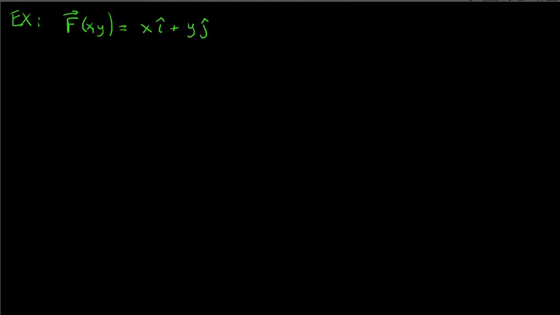Let's take an even easier example. Here's a vector field, x i plus y j, or just the vector x, y. In other words, m is just x and n is just y. This is a vector field in the xy plane.